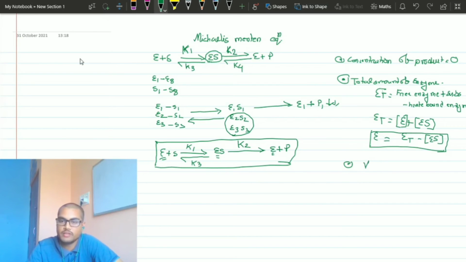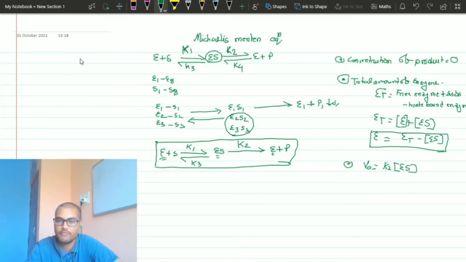Now the third most important thing is the initial velocity, that is V0, which will be K2 times the concentration of ES. This is the meaning of V initial.